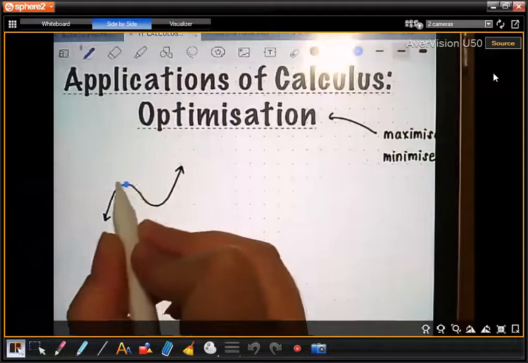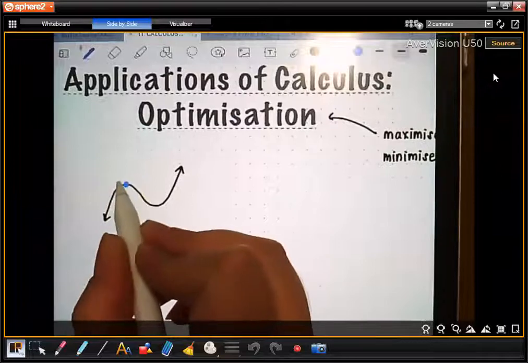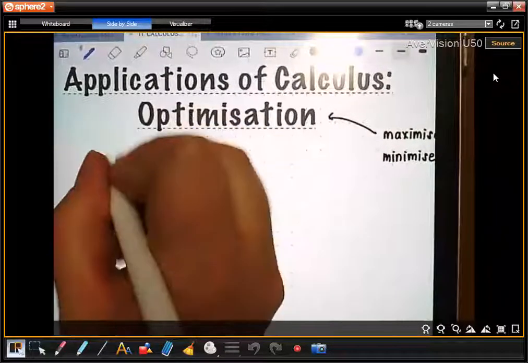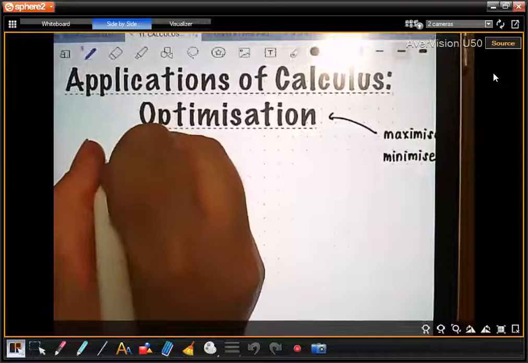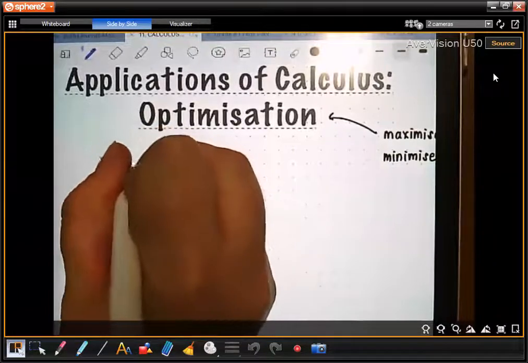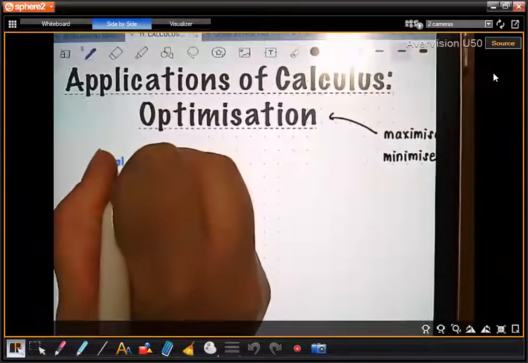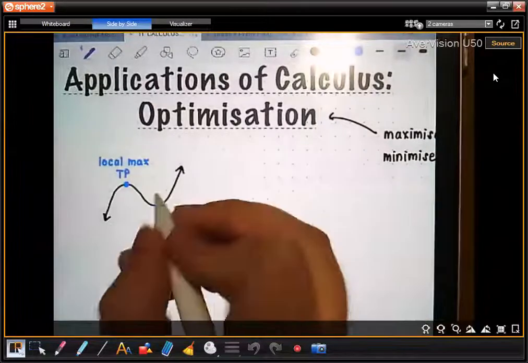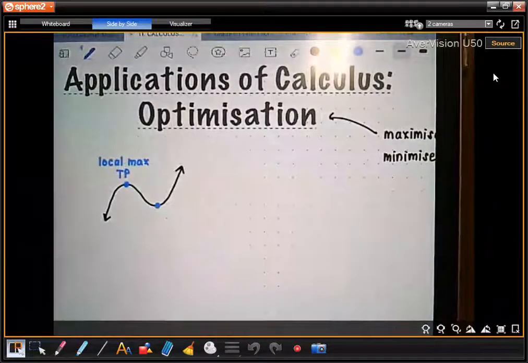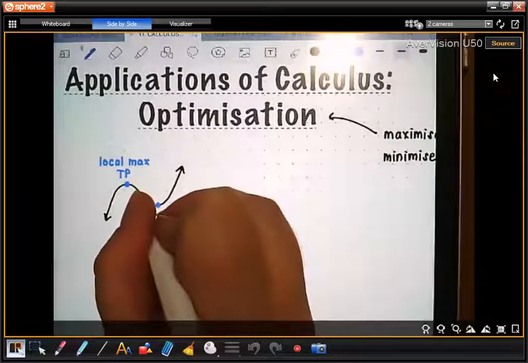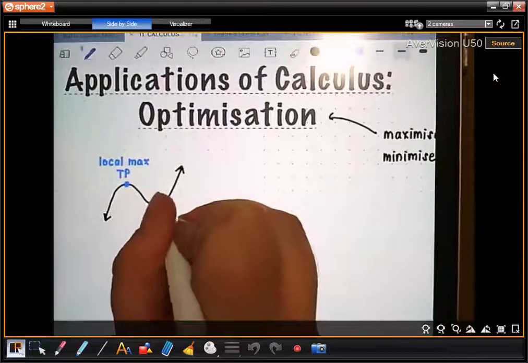Can anyone remember what we call that turning point? A local maximum, thank you. So this is the local max turning point. And at the other turning point, we have a local minimum. Do you guys remember that?